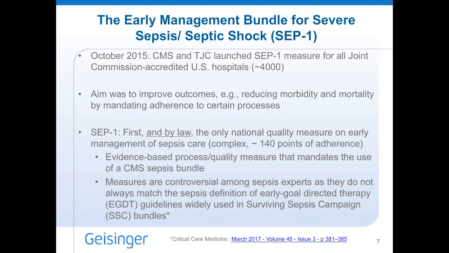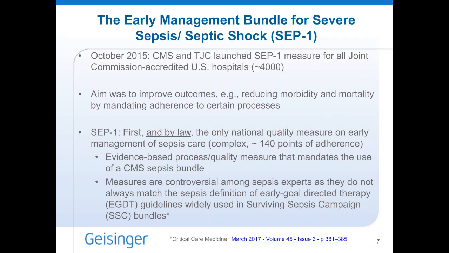The evidence-based process and quality measure is the one delivered by CMS for the CMS-defined sepsis bundle, but these measures for the SEP1 are highly controversial among sepsis experts. They don't always match the sepsis definition that we in the laboratory and our EDs and ICUs are used to using, which is one of early goal-directed therapy guidelines widely used by the Surviving Sepsis Campaign and those bundles.